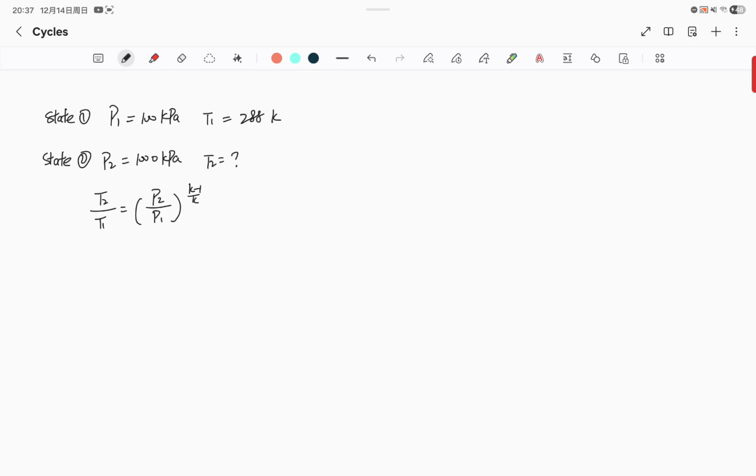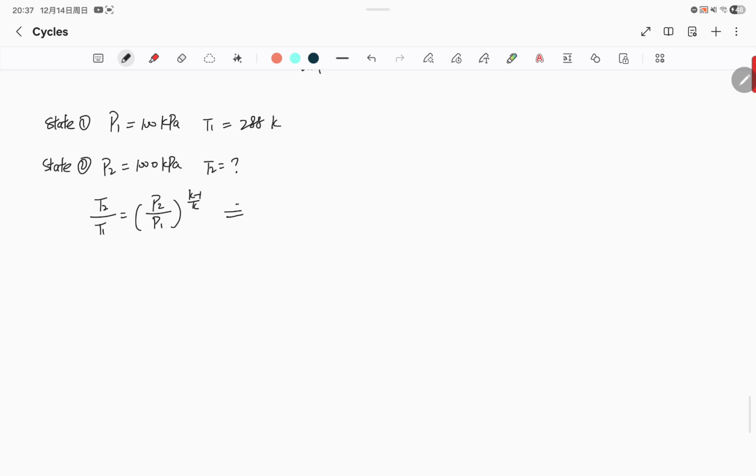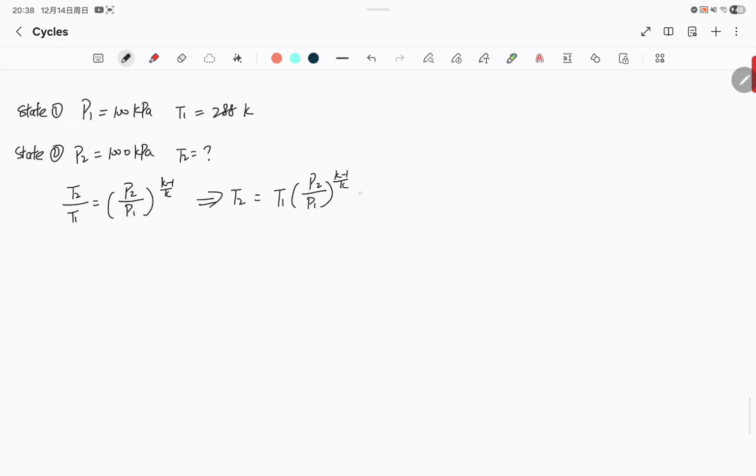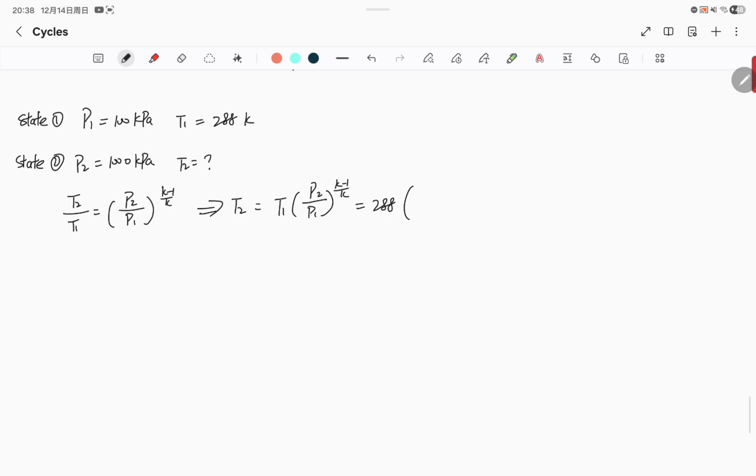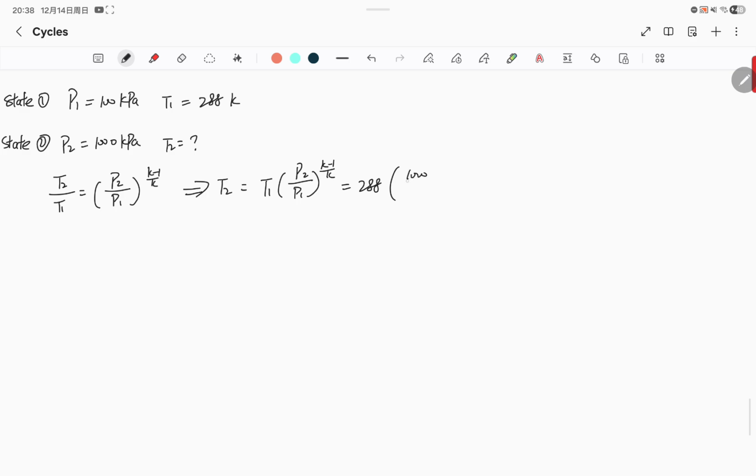Okay, so now we can solve for T2. It is equal to T1 times P2 over P1 to the power of this guy. Plug in some values. T1 we got 288, and P2 divided by P1 is just 1000 divided by 100, so you can put 10.